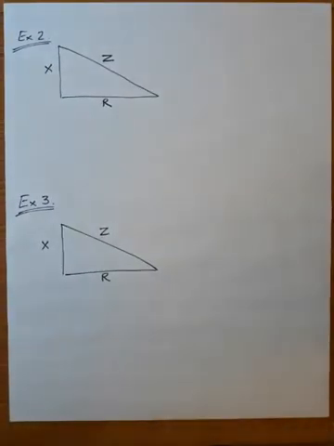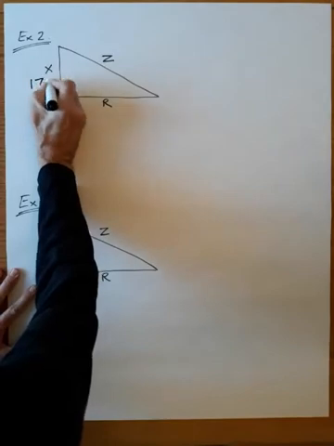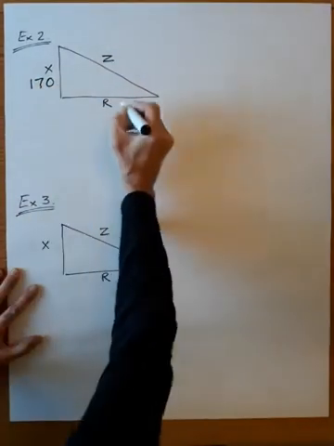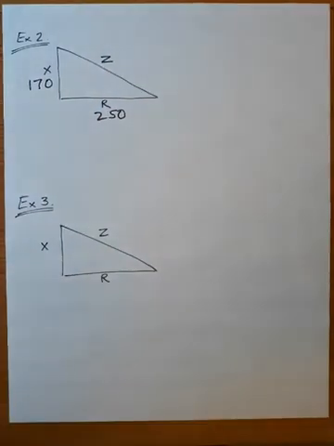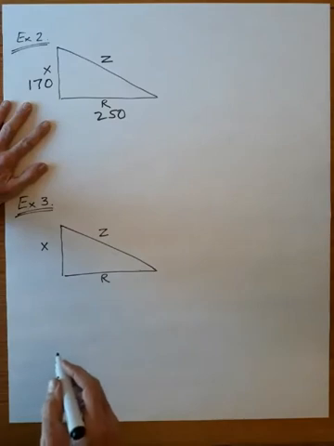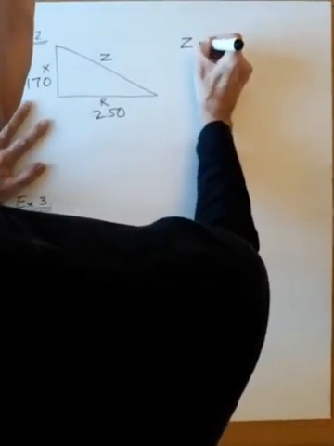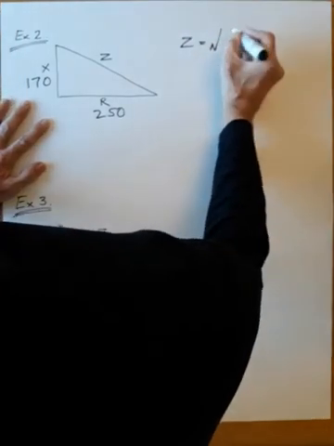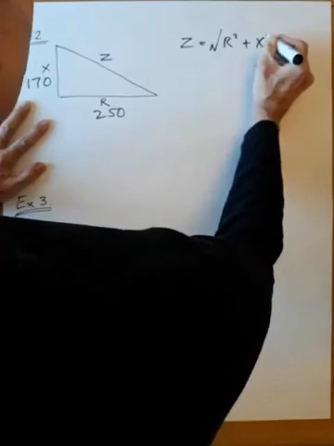So, example 2, if you read the question, it says that x is 170, r is 250, find the value of z. I've chosen these letters deliberately because it introduces a really important electrical formula. So z equals the square root of r squared plus x squared.